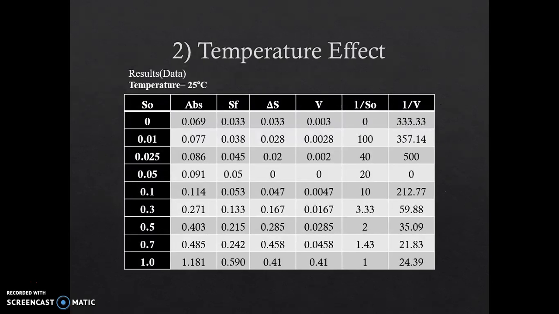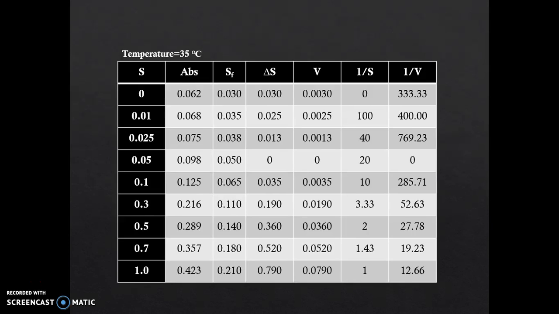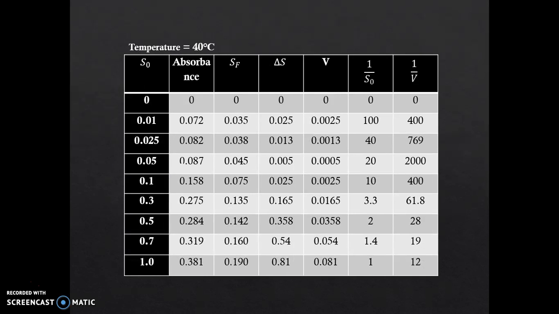Then we observe the second factor that affects enzyme activity, which is temperature. The temperatures that we used in this experiment are 25 degrees Celsius, 35 degrees Celsius, and 40 degrees Celsius.